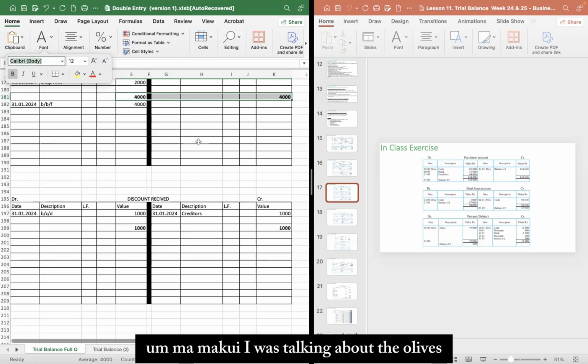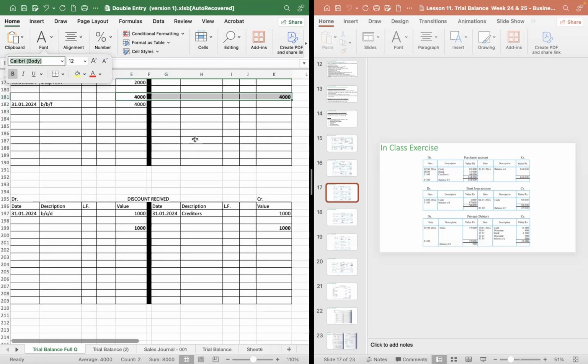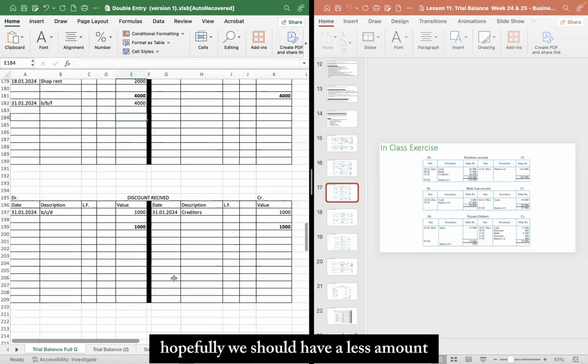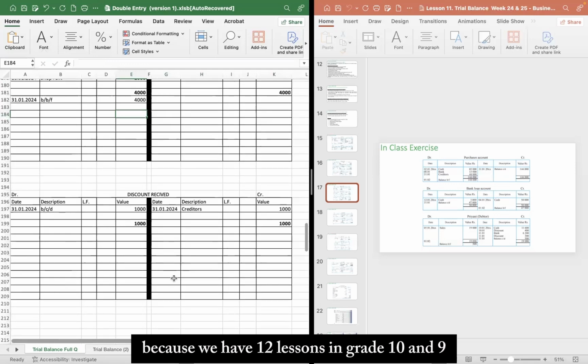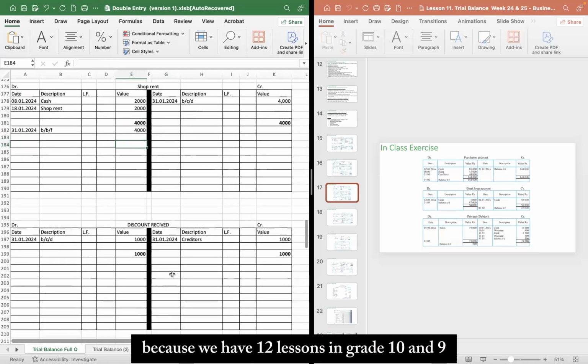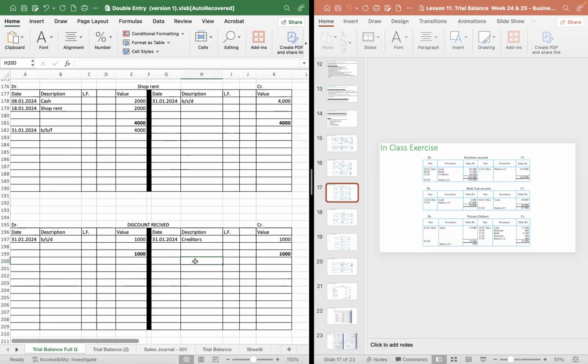I was talking about the A levels. Hopefully we should have less amount because we have 12 lessons in grade 10 and in grade 11 we have less amount of lessons. අපි දැන් A levels වලට ගියාට පස්සේ අපිට හිතෙනවනේ දැන් subjects 3යි තියෙන්නේ කියලා. ඒ වුණාට ඒක ටිකක් challenging. ඒක මුලින් ඉඳලම ඔයගොල්ලෝ හොඳම class එකක් තෝරගන්න.